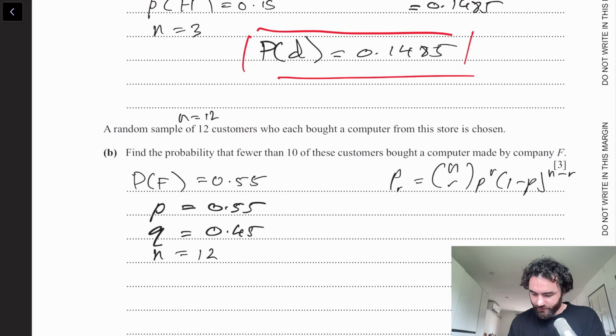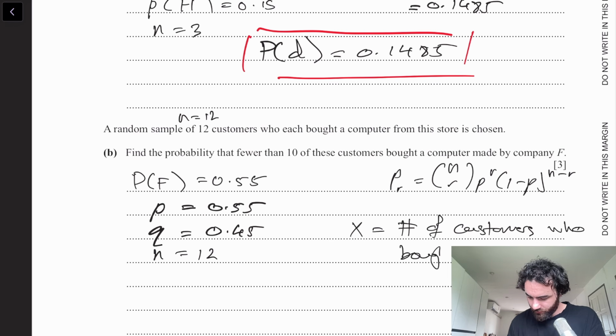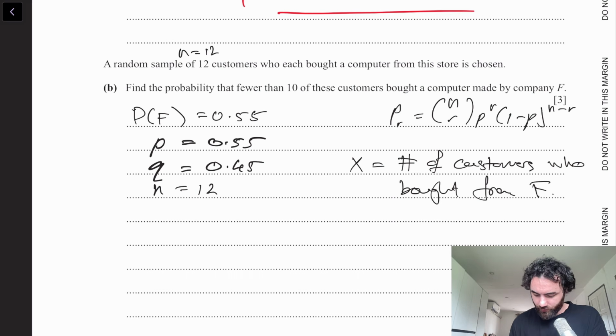So X is the number of customers who bought F.